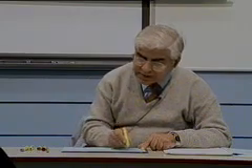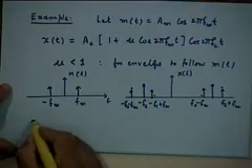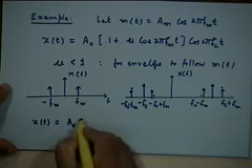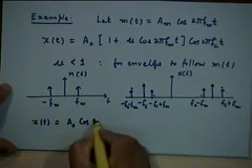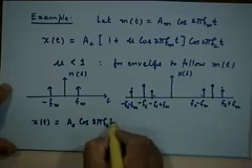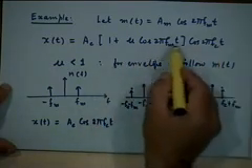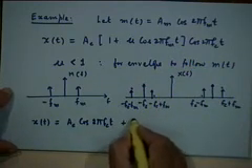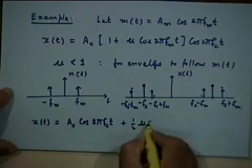So if you were to write this expression in terms of the various components present in the signal, it is the carrier component, which is A_C cosine 2 pi f_c t, and by using trigonometric identities we can write the rest of them in terms of the two sideband components.